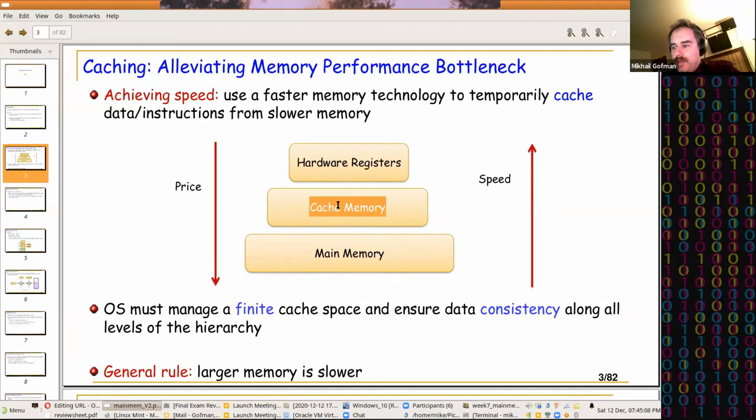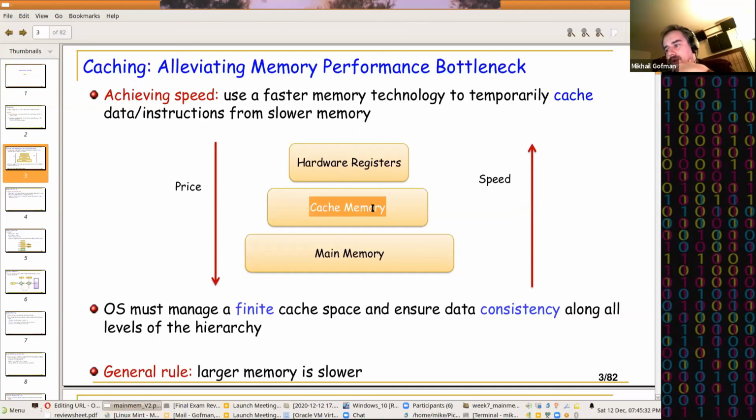The cache memory is the specialized memory to cache the contents from the main memory. The main memory is your RAM, and the cache memory temporarily stores things from the RAM for faster access. And this can go on for multiple levels, the cache memory specifically.